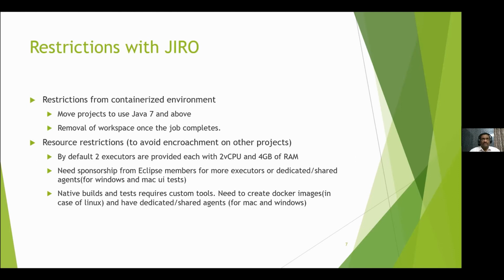You can either create your own machine and attach it to your Jenkins instance so that you can have more executors, or any corporate member can sponsor a dedicated agent. That dedicated agent will be attached to a particular Jenkins instance.